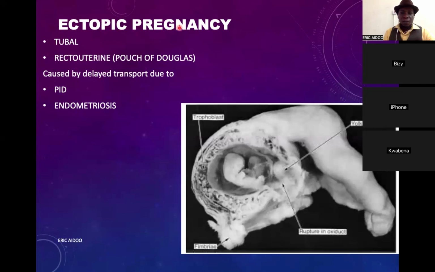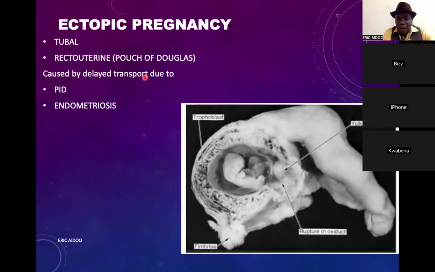We also have ectopic pregnancy, and you have the tubal one and the rectouterine or pouch of Douglas one. This is usually caused by delay of the transport due to pelvic inflammatory diseases or endometriosis. We say delayed transport because, as I said today in the lecture, once there's fertilization, by day 6, maximum 7, there should be implantation.